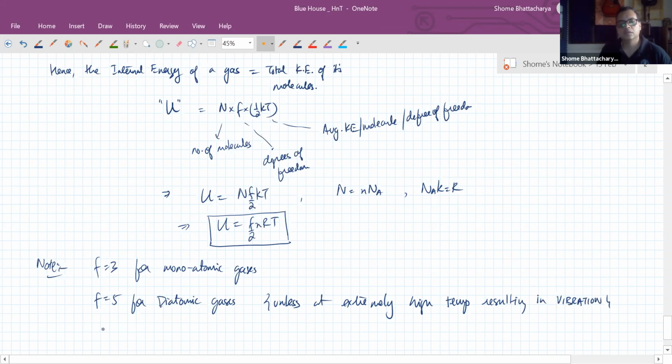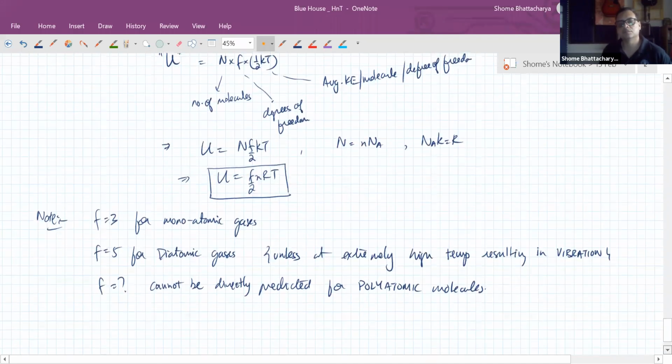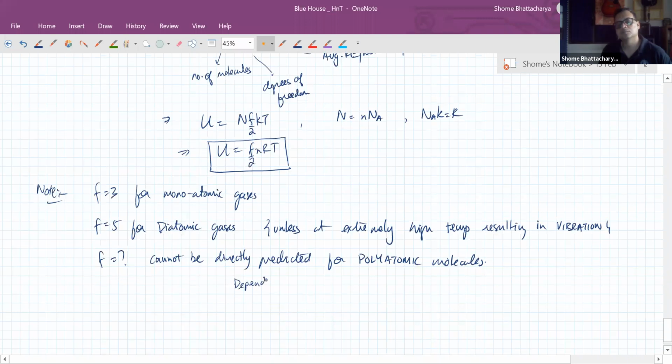Degrees of freedom cannot be predicted for polyatomic molecules, depending on shape and size. The translational degrees of freedom will always be 3, but the rotational degrees of freedom can be upwards of 2.